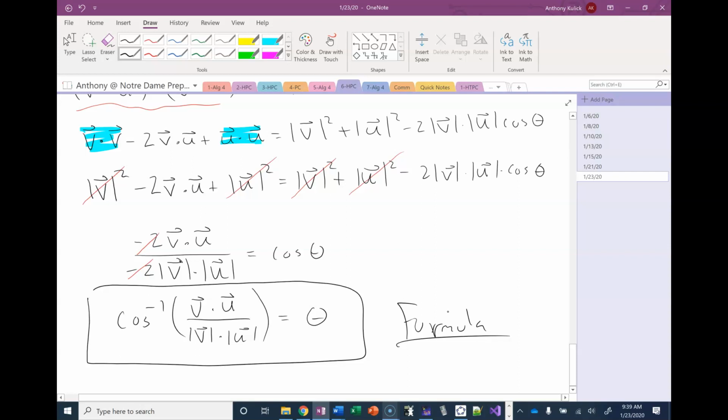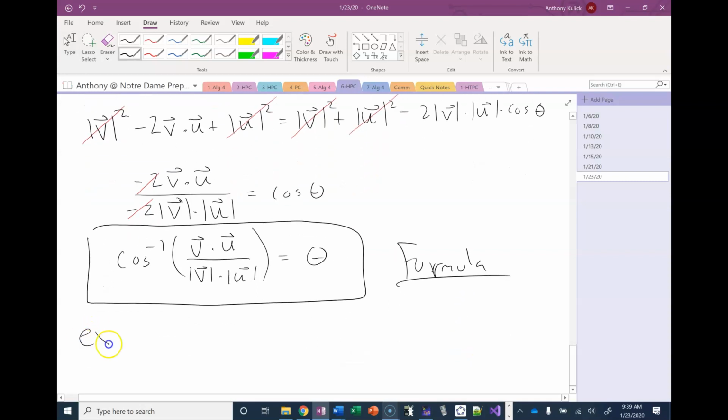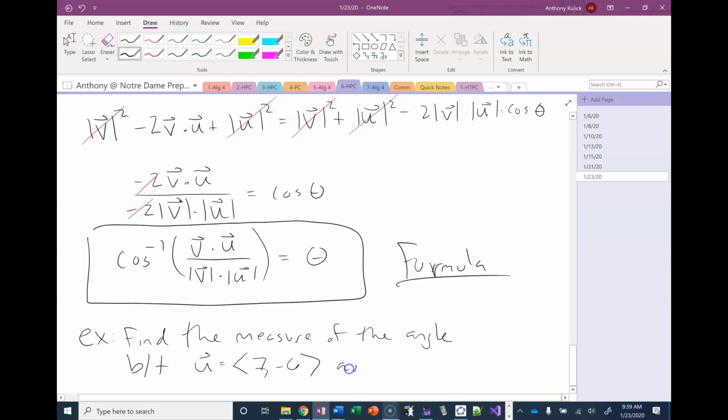Just to be able to use it. It's a 7 with a comma next to it.